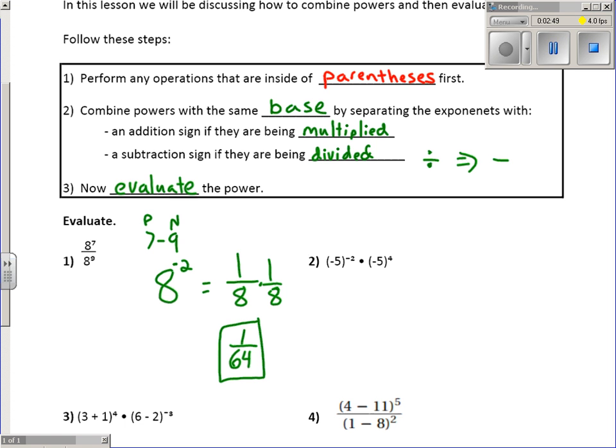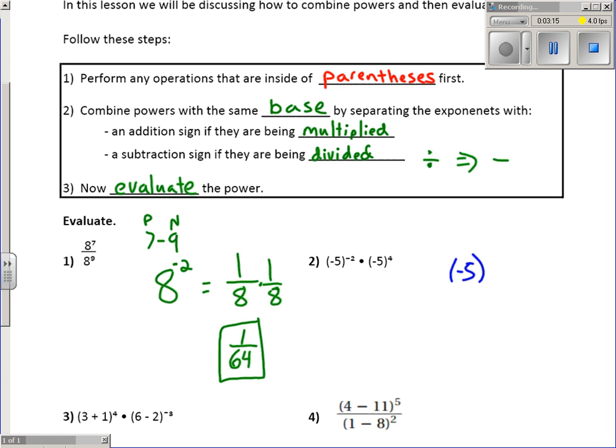Okay, number 2, start off the same way. We're going to write the base. Remember to include the negative. Now, don't worry about dealing with this negative sign for your base until after you put together the exponents. So this is going to do our first rule on number 2. If there's multiplication going on, use an addition sign.